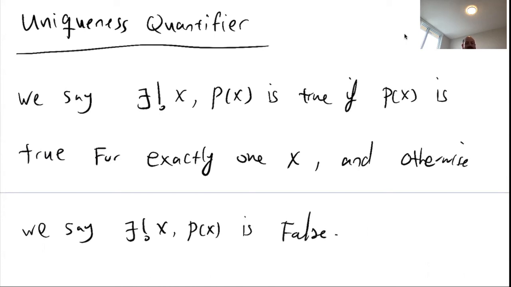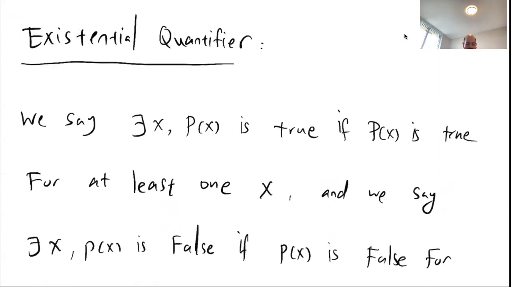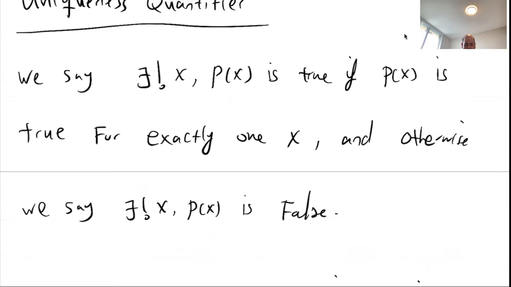So please compare this with the previous case, where we said it's true if p of x is true for at least one x. For the case of there exists x with p of x, we need p of x to be true for at least one x. But in the case of there exists unique x with p of x, we need p of x to be true for exactly one x.